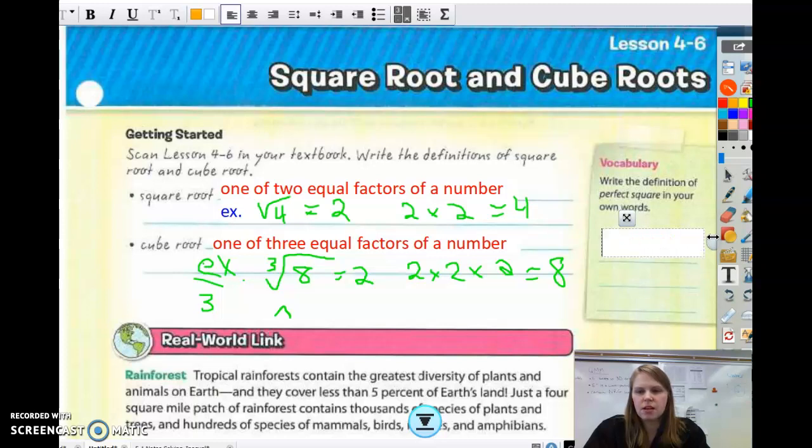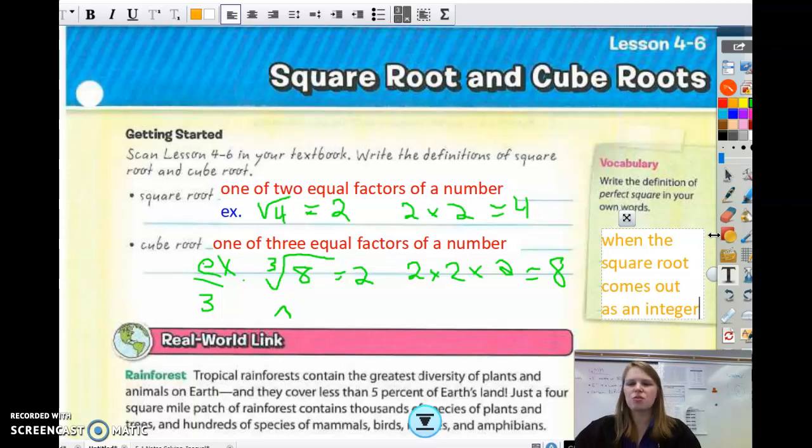So I'm going to say perfect square would be like when the square root comes out as an integer. There. Does that make sense? When the square root comes out as an integer.